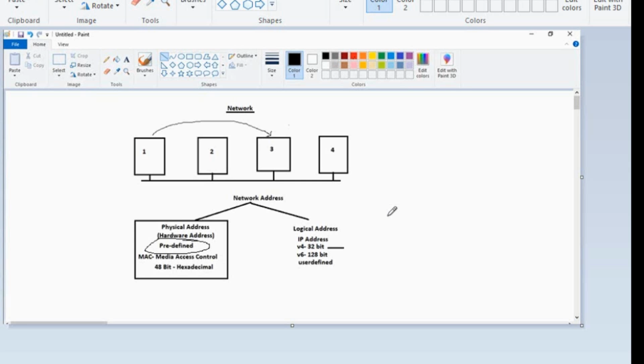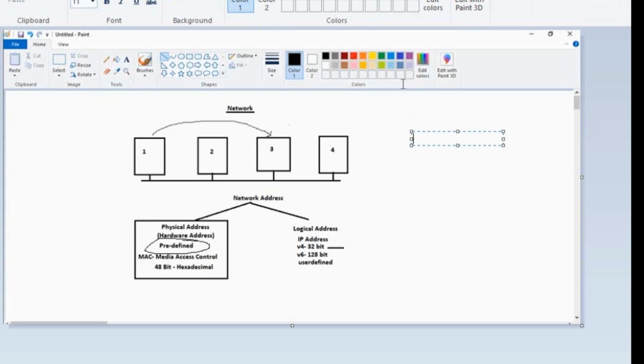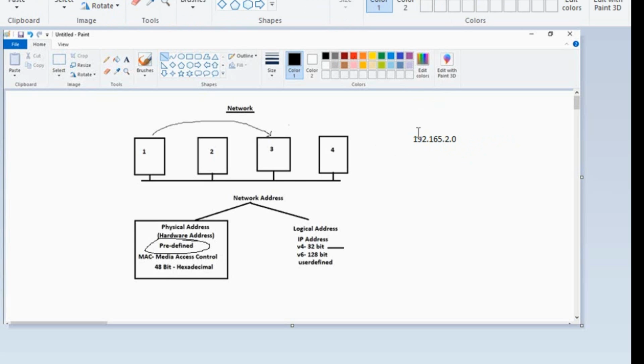In IPv4, I have an IP address, for example, I'm going to type here 192.165.2.0. This is the IP address called the logical address. I'm going to use this to transfer from one IP to another IP, from one computer to another. IPv6 is the same. IPv4 contains 32 bits and IPv6 contains 128 bits.